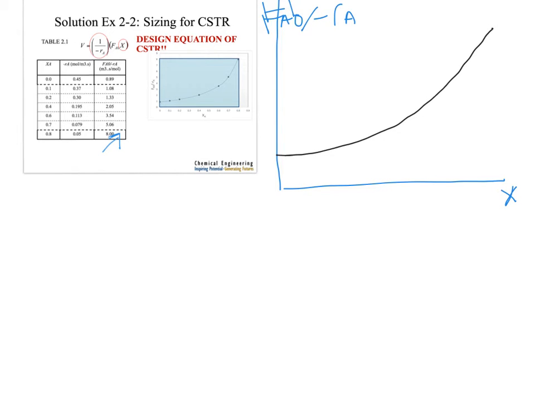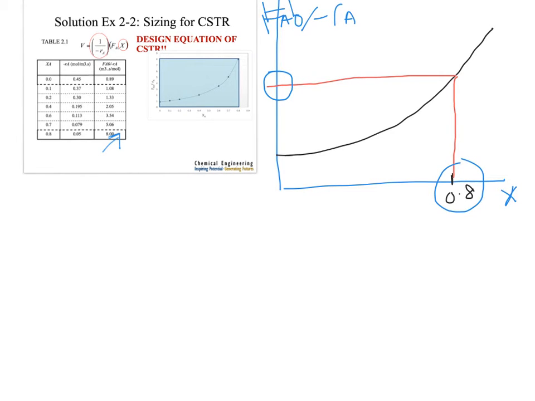Then look for the required conversion, which for this question is 0.8. From the x-axis at 0.8, you draw a straight line vertically, touching the plot of the graph, and then you draw a horizontal line crossing the y-axis. That will be the value of your y-axis, and this is the given conversion.